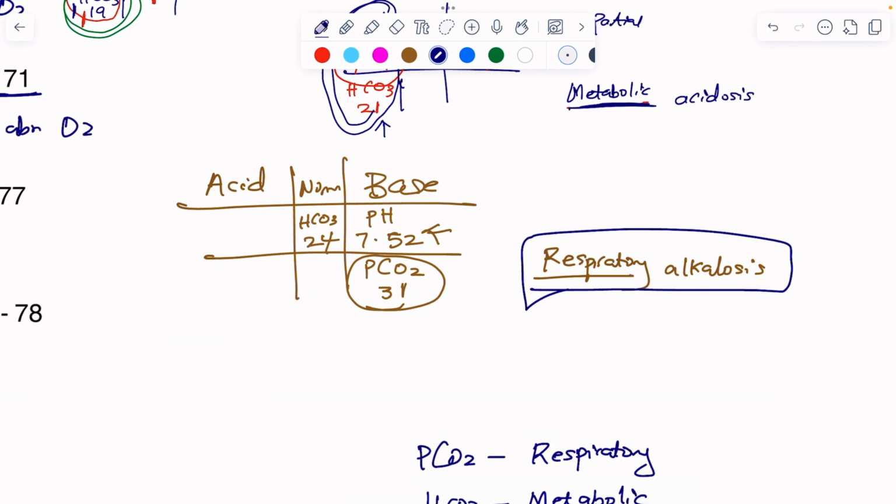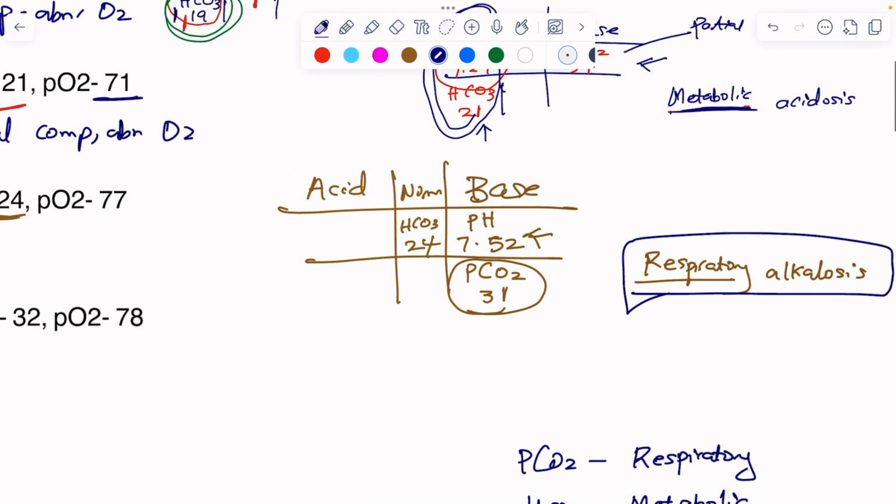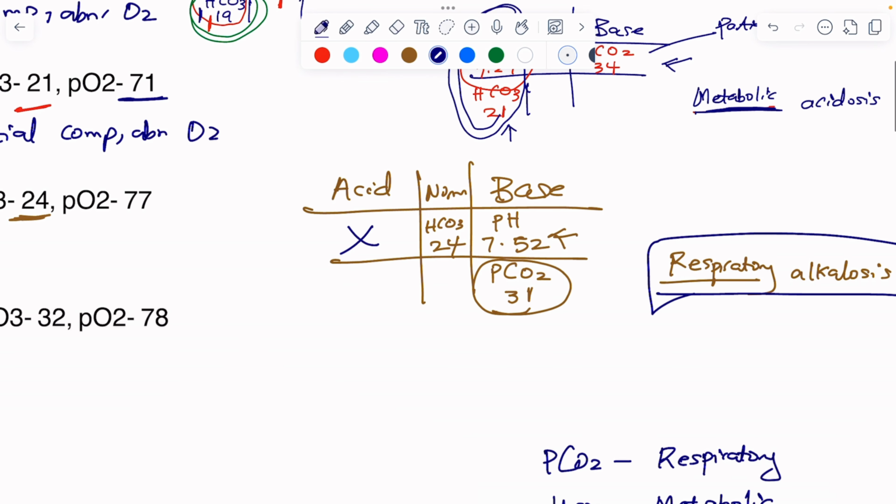So in this case, that is respiratory alkalosis. Now we have to check if there is compensation. Guys, there is no compensation because this HCO3 is not on the acidic side. If it was compensating, see here, our lungs are blowing off too much CO2, so the kidney should have been compensating by holding on to acids, but it's not compensating.